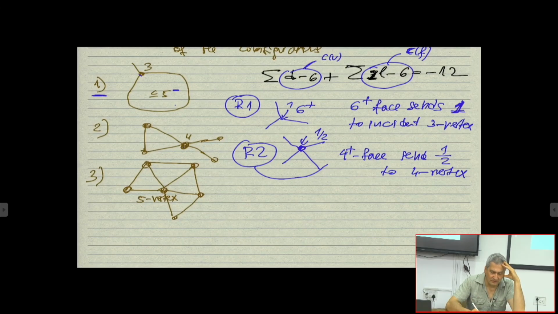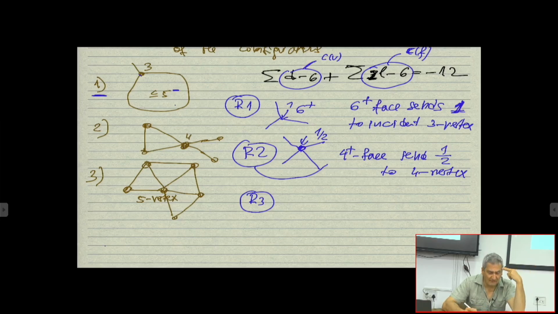And the third rule will be about 5 vertices. Look, we don't have a 5 vertex adjacent to 4 triangles. So we can have 5 vertices with adjacent only 3 triangles, so a 5 vertex will have at least 2 faces which are not triangles.